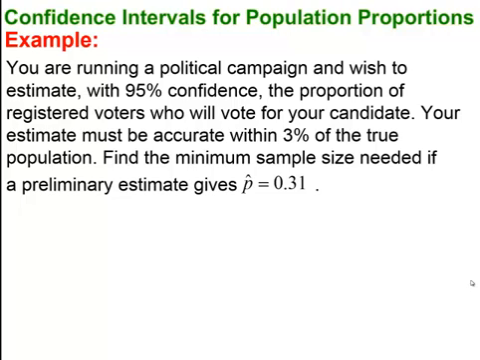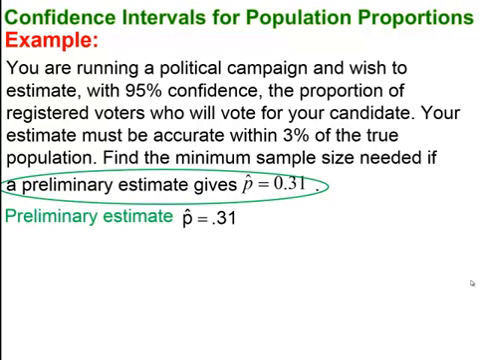So this next example is the same example, except we're given our p hat is 0.31. So instead of it not being given, we're given it. Therefore, we're going to use that, and we're going to find our q hat. Our q hat is 1 minus 0.31, which would be 0.69.